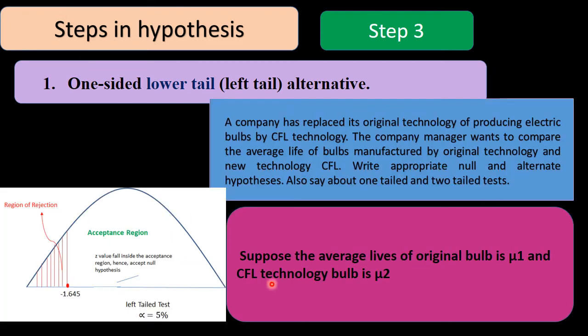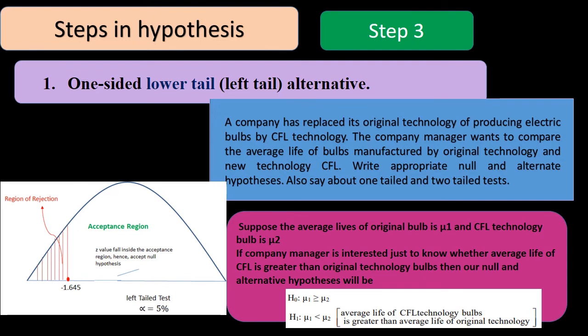Suppose the average life of the original bulb is mu1 and the CFL technology bulb is mu2. Then mu1 is the population mean, and mu2 is the sample mean.